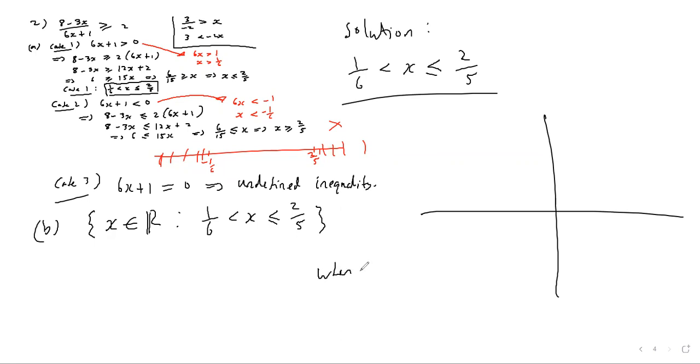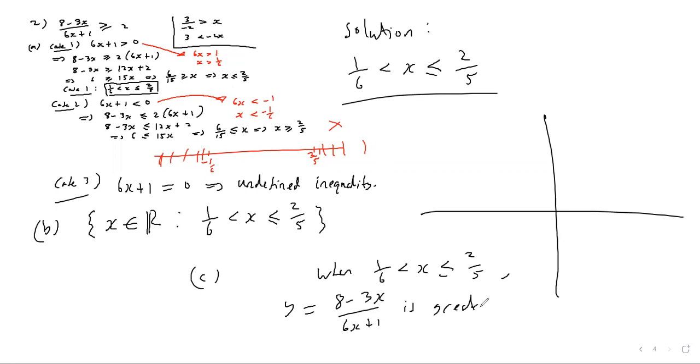This is part C. So when x is between 1 over 6 and 2 over 5, the graph y equals 8 minus 3x over 6x plus 1 is greater than the graph y equals 2.